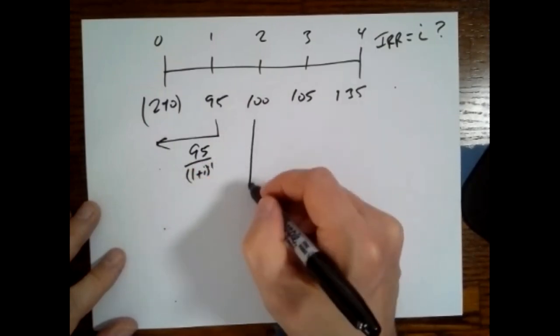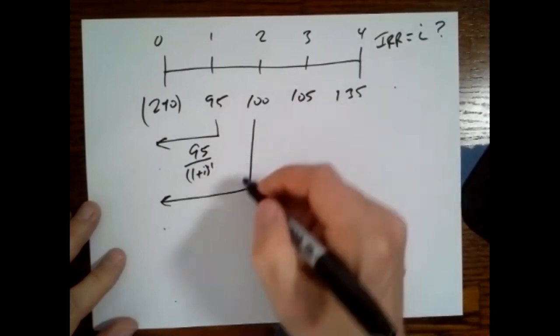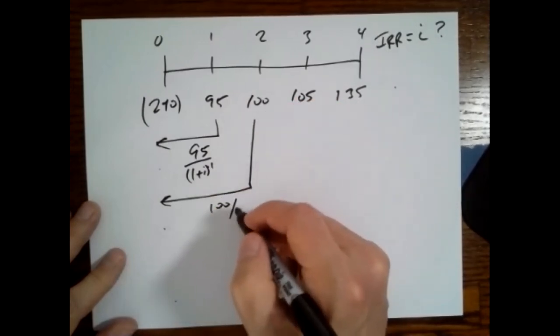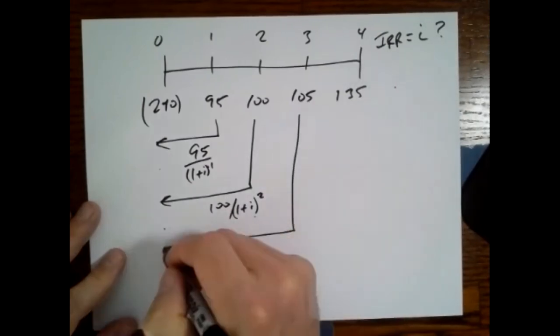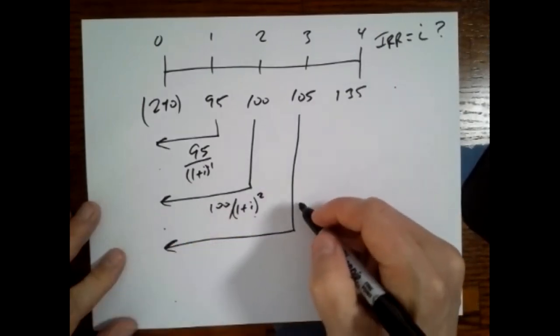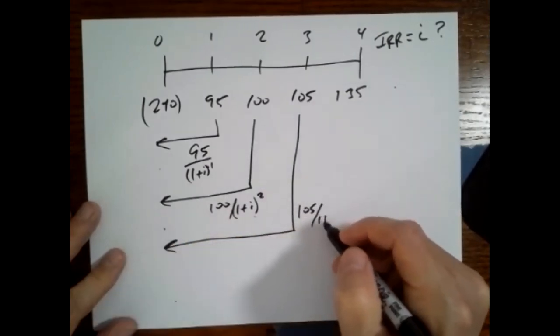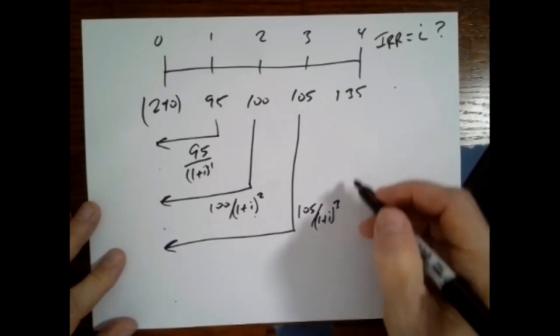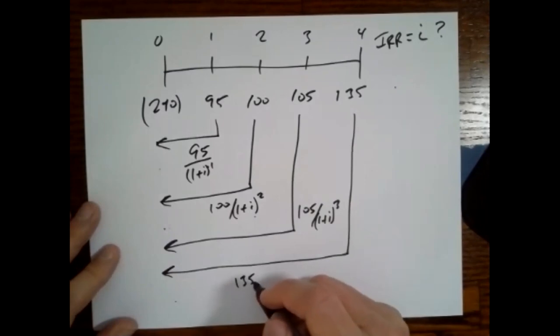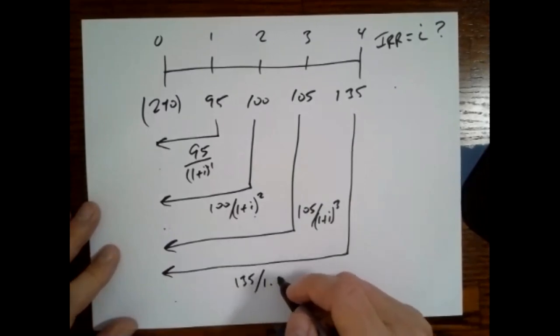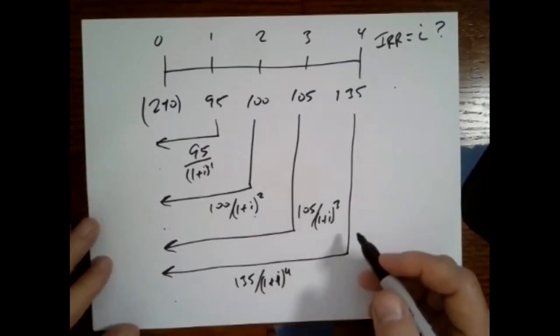I'm going to bring this 100 back, and it's going to be 100 divided by 1 plus I squared. I'm going to bring this 105 back, and it's going to be 105 divided by 1 plus I cubed. And then finally, I'm going to bring this 135 back, divided by 1 plus I to the 4th power.